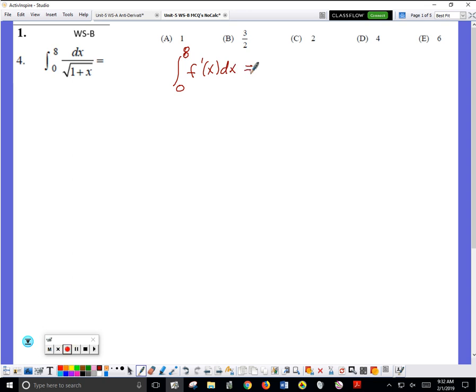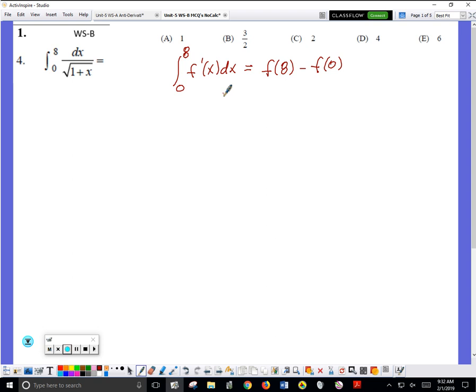According to the fundamental theorem, that integral's value is equivalent to the function f, not f prime, evaluated between 8 and 0. As we've said many times, if you integrate the rate at which f is changing, you will find out how much f actually changed. So this is the fundamental theorem. It's not new. Questions here?